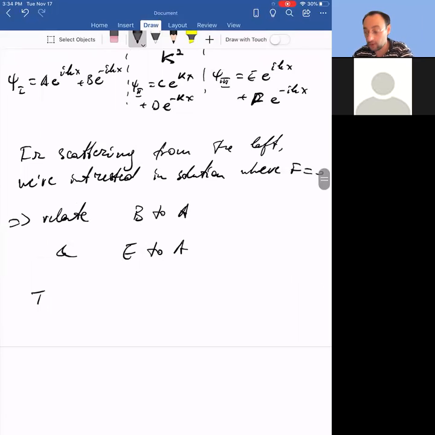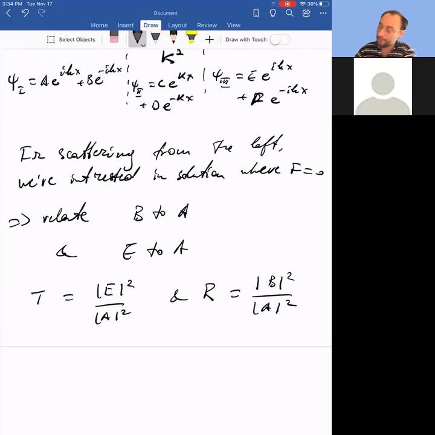And we will define the transmission coefficient to be like this, and the reflection coefficient to be like this, okay? By the way, the obvious thing that I forgot to say yesterday is that there is a transmission and reflection coefficient for any energy above U naught.